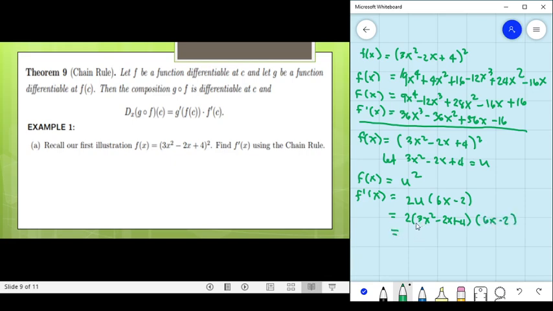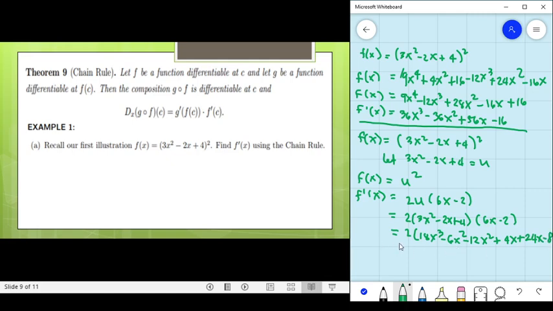So multiplying now, we have 2 times quantity: 3x squared times 6x is 18x cubed. 3x squared times negative 2 is negative 6x squared. Negative 2x times negative 6x is positive 12x squared. Then positive 4x, then positive 24x, then minus 8.